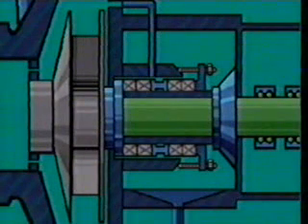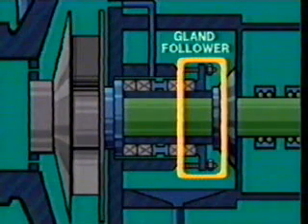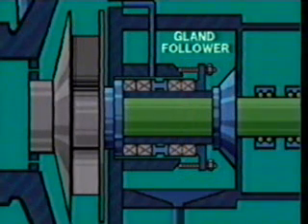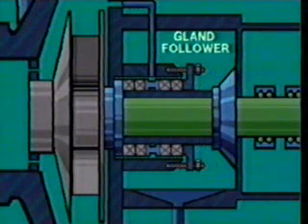Look closely, and you'll see that this piece, called a gland follower, fits into the open end of the stuffing box. It holds the packing and lantern ring in place against the throat bushing. If you adjust the gland follower's pressure against the other parts of the packing gland, you can regulate the flow and leakage rate of the fluid lubricant.